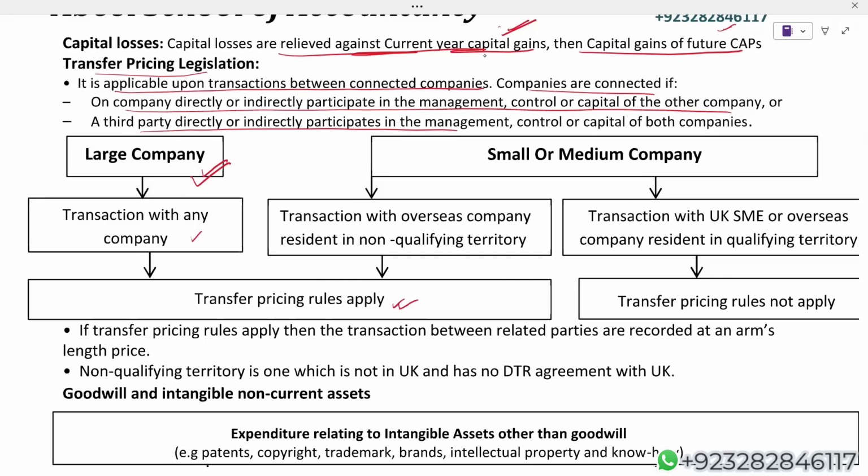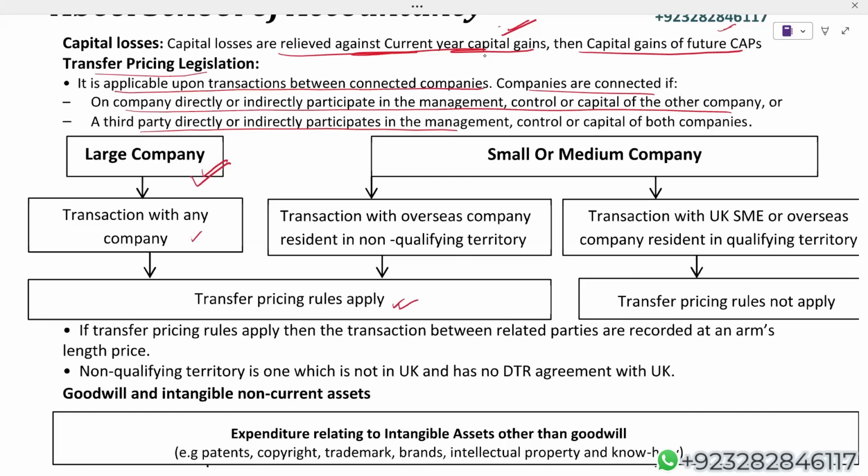But let me tell you one thing. When it comes to ATX exams, your examiner is very helpful with the transfer pricing rule. It will be categorically mentioned in the question whether the company is a large company or a small or medium company. Large company transaction with any company, transfer pricing rule applies.